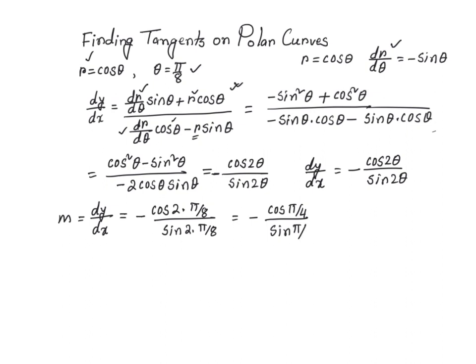Now we know that sine of pi over 4 and cosine of pi over 4 have the same value, which is square root of 2 divided by 2. So that's going to give me negative 1. So my slope here is negative 1.